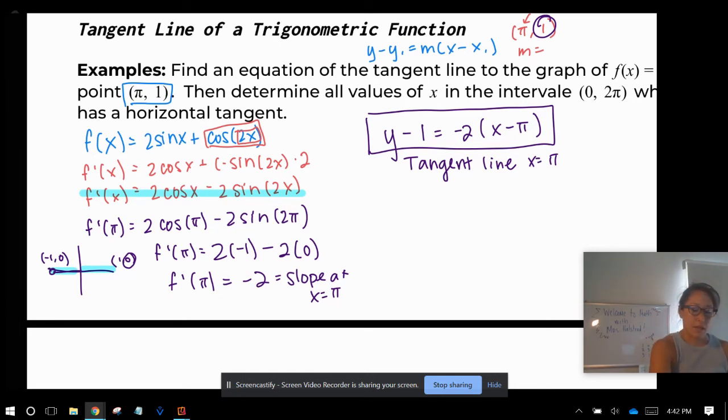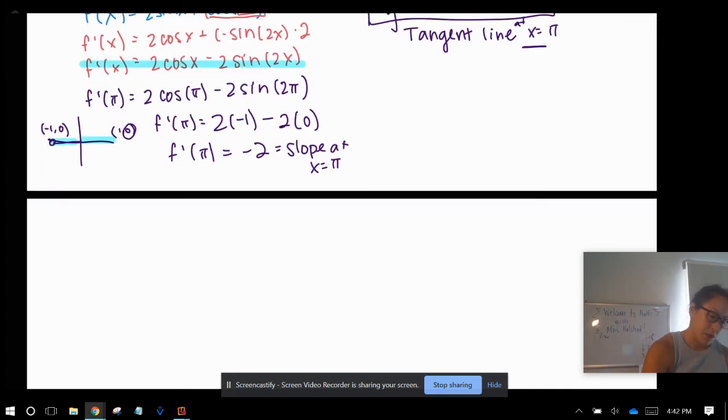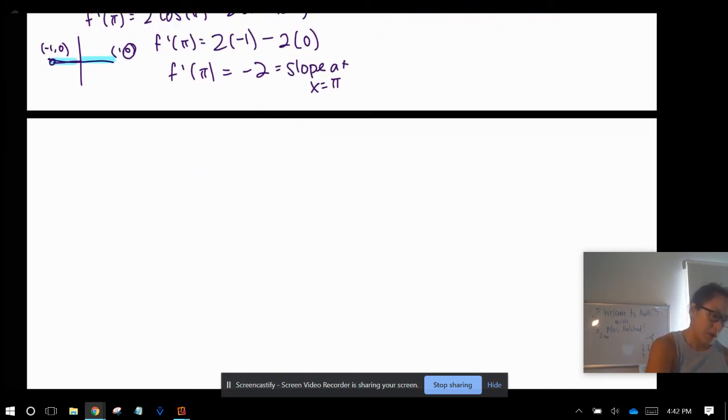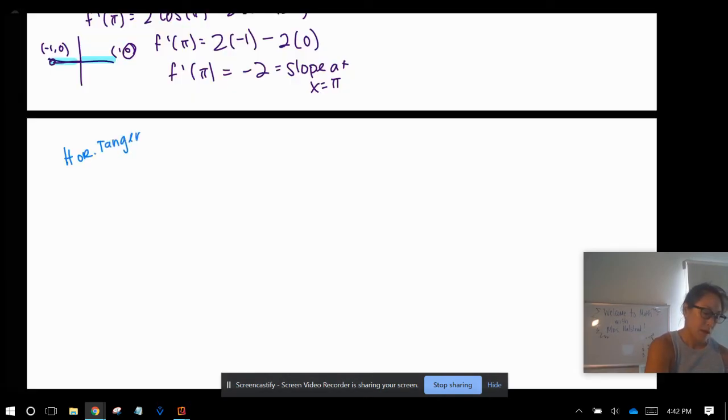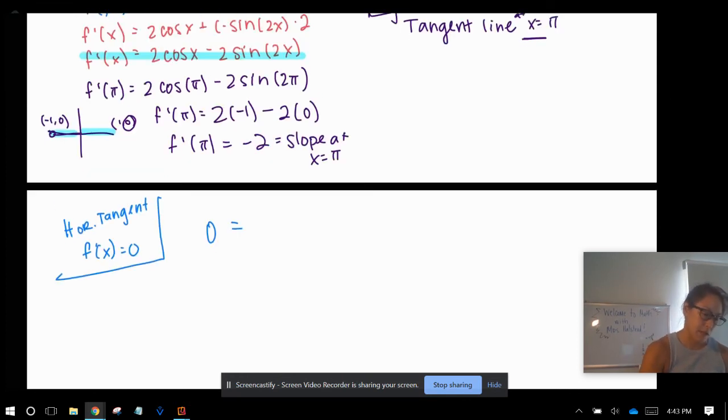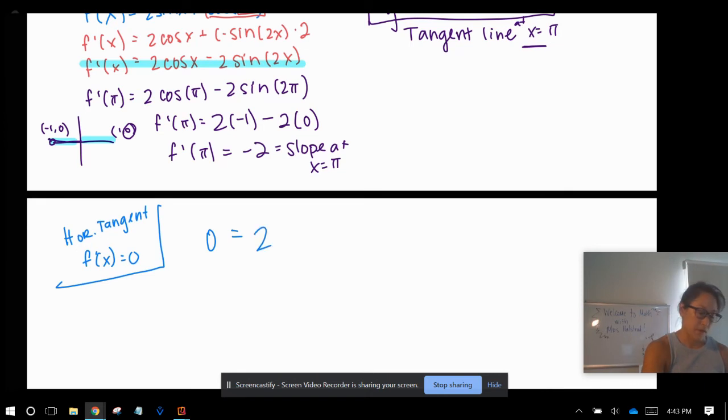And we can tell that we have to say where the tangent line is, because at every x value there's a different tangent line. All right, the horizontal tangents is when f prime of x is equal to 0. So I'm just going to go ahead and substitute 0 into my derivative: 2 times the cosine of x minus 2 sine of 2x.